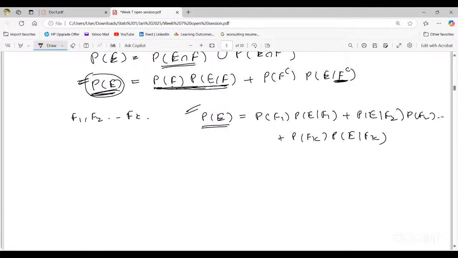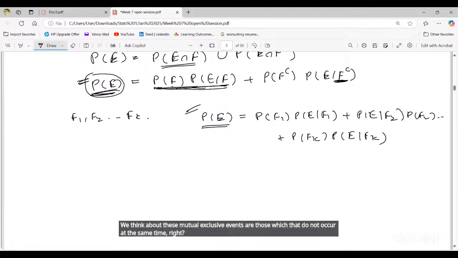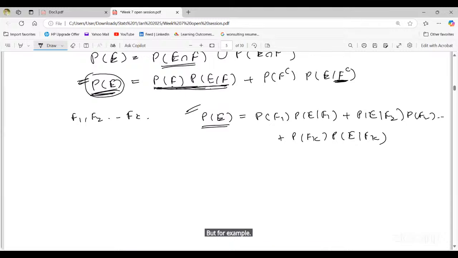I have an example to talk about. Say, for instance, we think about mutually exclusive events. Those are events that do not occur at the same time, right? For example, when a coin is tossed, the result would be either a head or a tail, but we cannot get both at the same time.